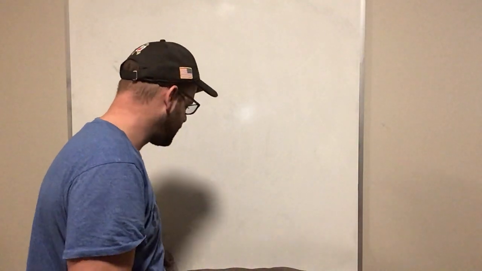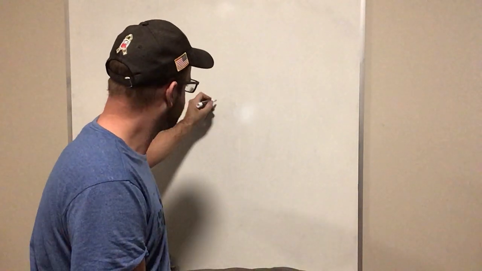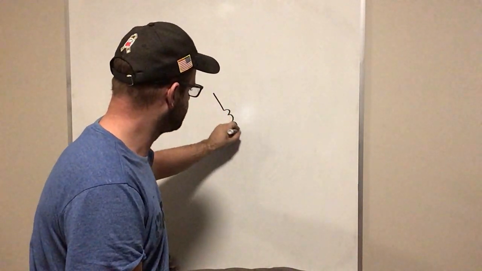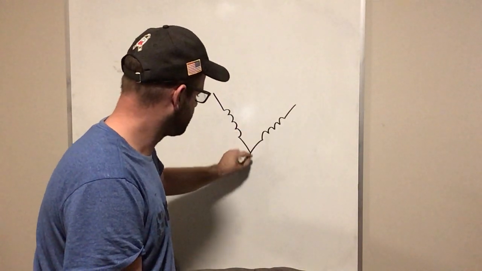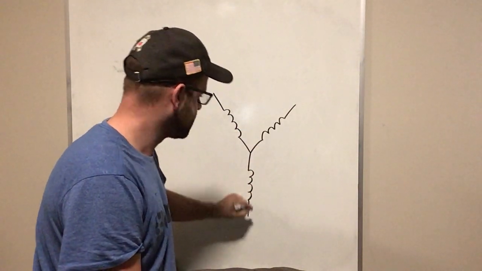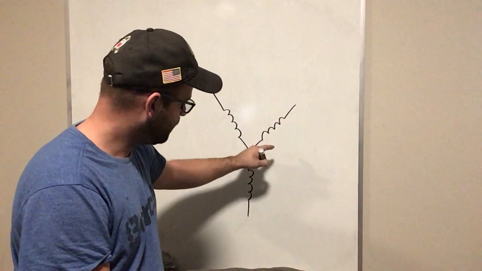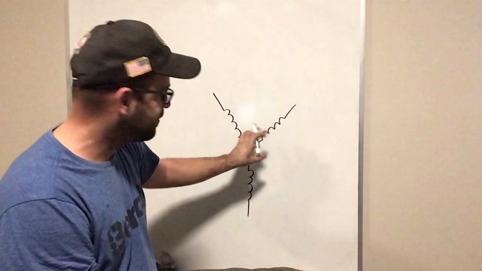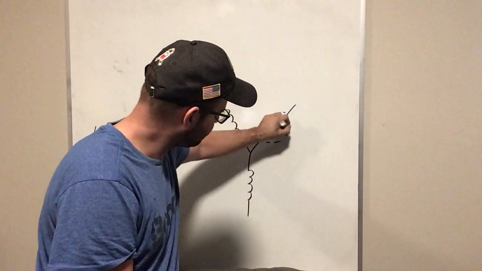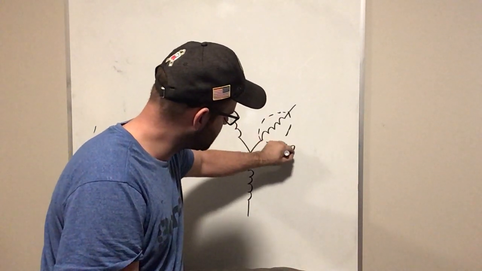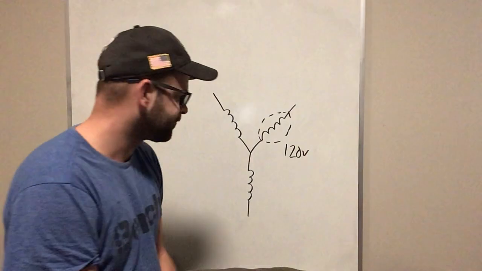So I'm going to draw my Y again. So this coil here, when the magnet whips past it, this little coil here produces 120 volts.